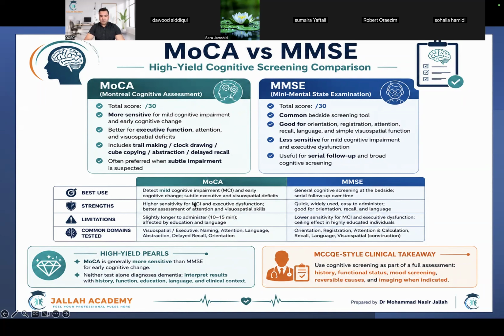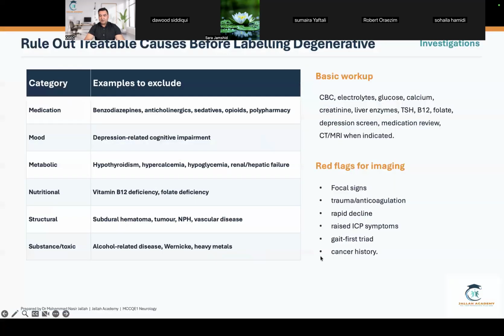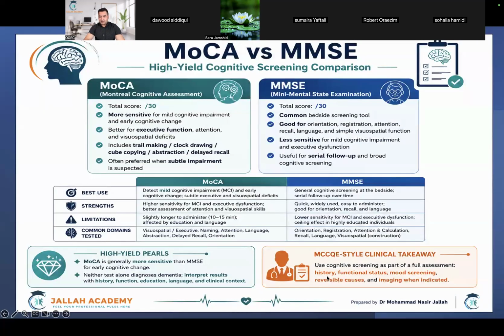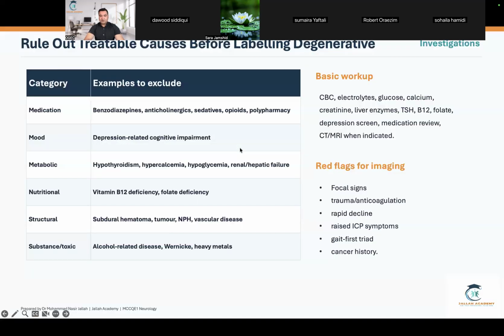So remember that the MOCA is the better choice over the mini mental status exam. Just to make it very simple, it is generally more sensitive for early cognitive change. But we need to remember that none of these tests alone diagnose dementia. This one by itself or this one by itself cannot diagnose it, but they're supportive tests that help you with the diagnosis.